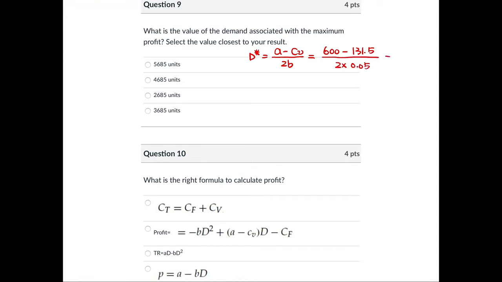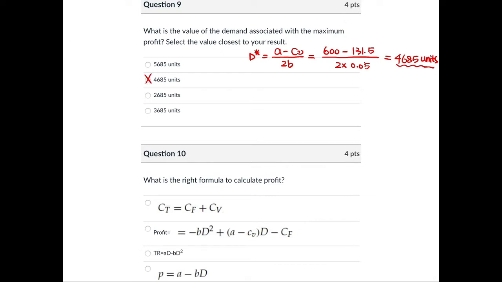And 2 times B is 0.05. What's this? This is 4,685 units. That's the optimal demand. That's the demand you want to reach to get your maximum profit. So this is the answer.